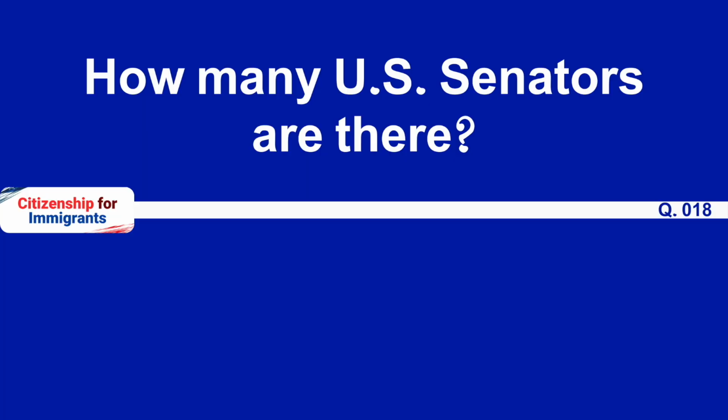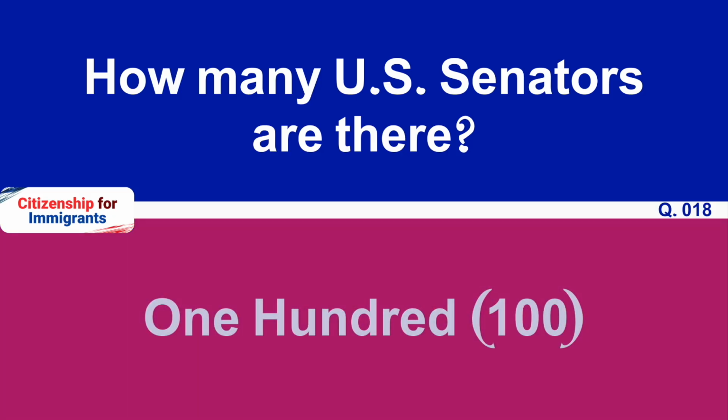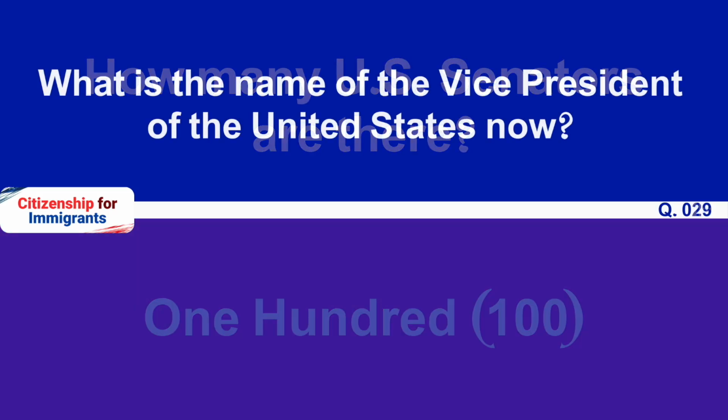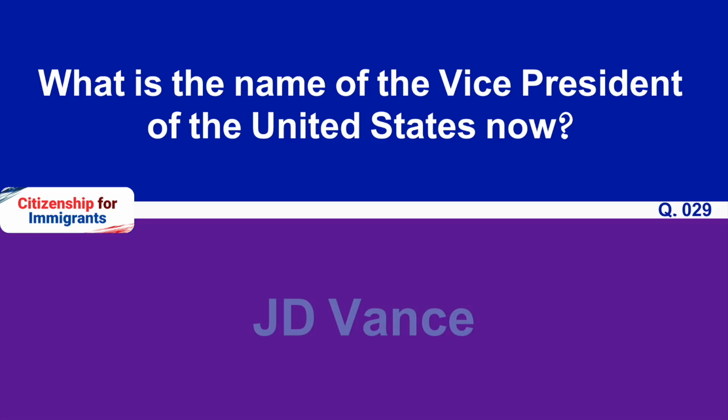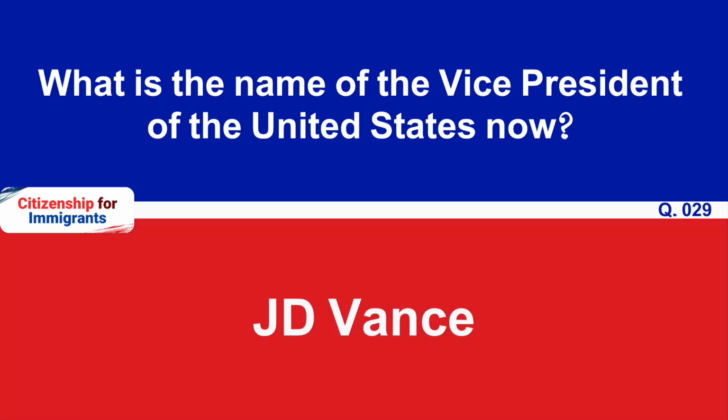How many U.S. senators are there? 100. What is the name of the Vice President of the United States now? J.D. Vance.